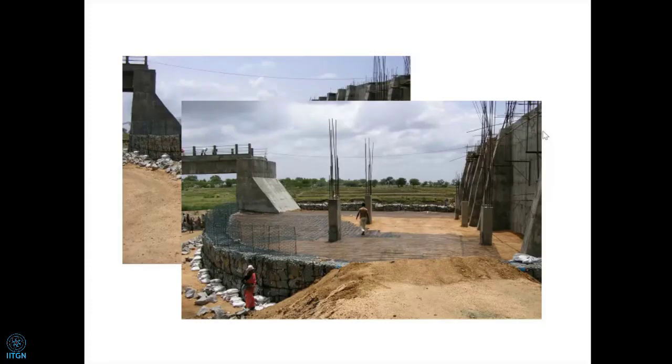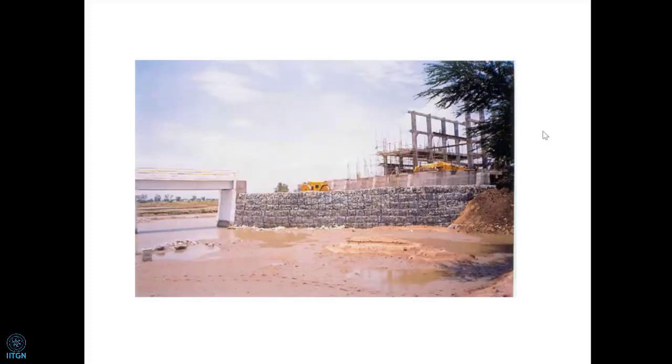Maybe around 15, 20 years back we must have done this work, one of the first kinds of work we did. It's about 3 to 4 or 5 meters high, a vertical gabion wall with a filter and reinforcement.